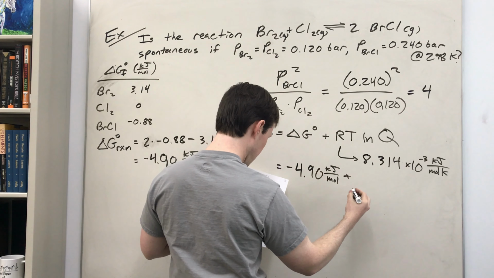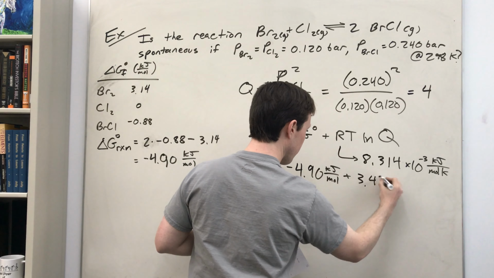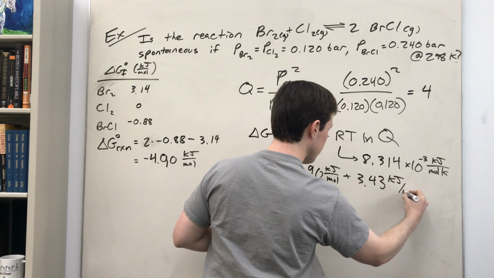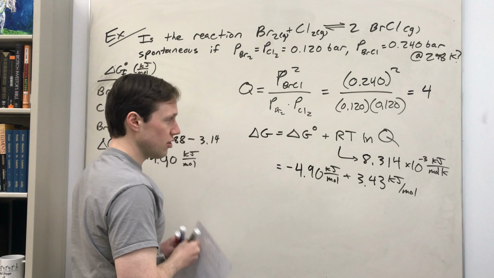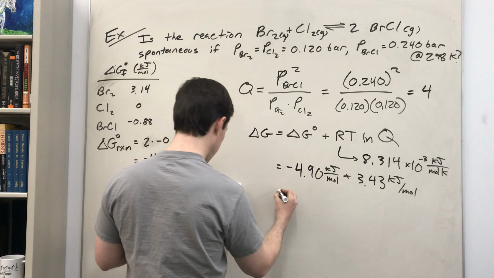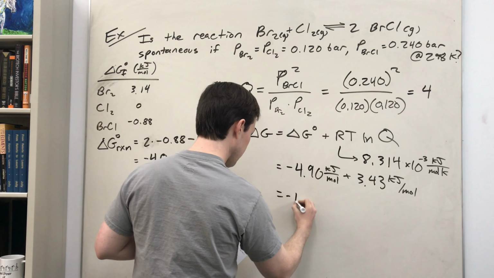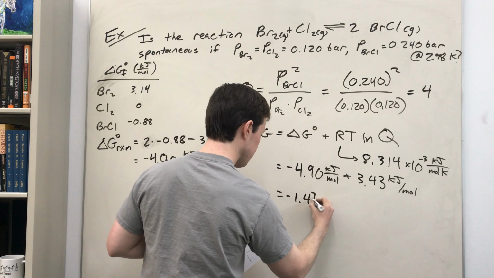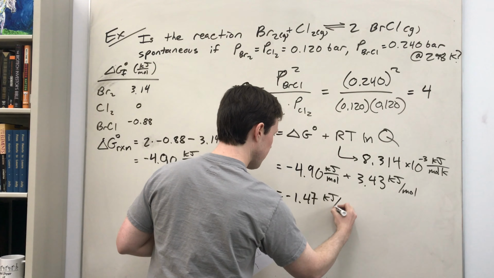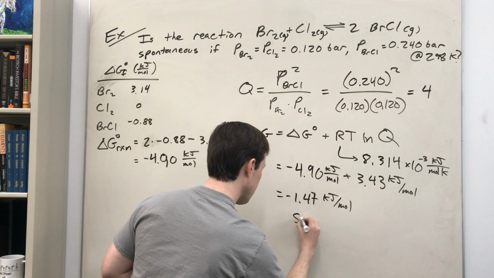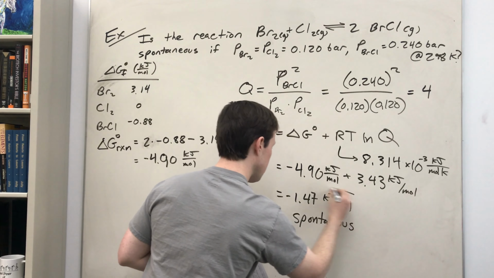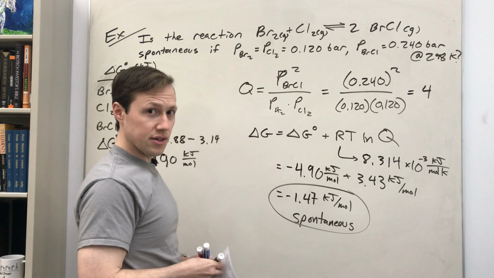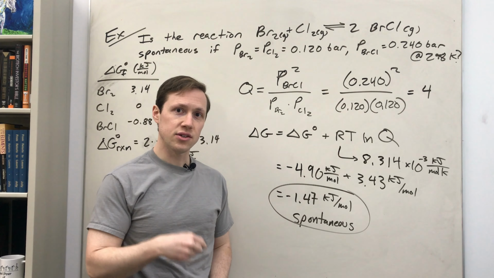These values brought together give us 3.43 kilojoules per mole. And our result here is thus negative 1.47 kilojoules per mole. So this reaction, under these conditions, is going to be spontaneous.